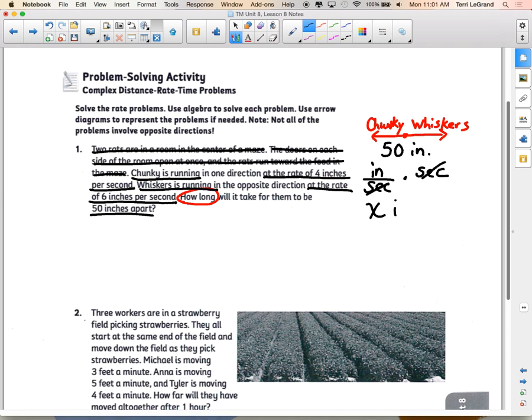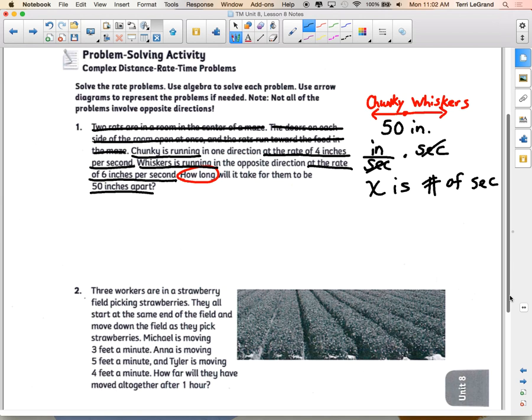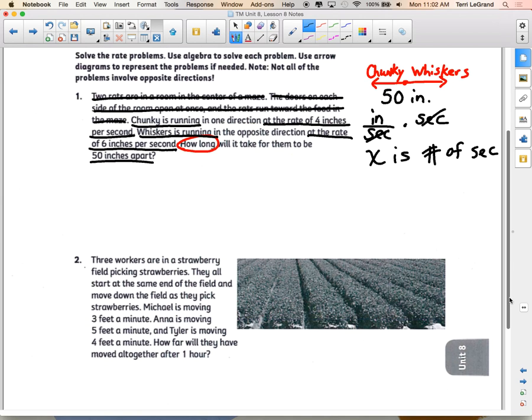Next thing we have to do is decide what x is going to represent. So let's go look at our circled part. It says how long. So what should x represent, Mikia? Seconds. Yeah, the number of seconds. Okay, so next thing we do is kind of like our way of making sure we set up a good equation.